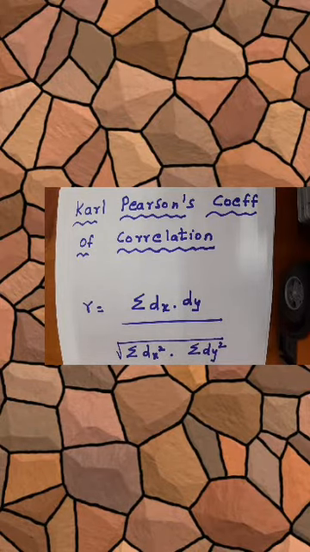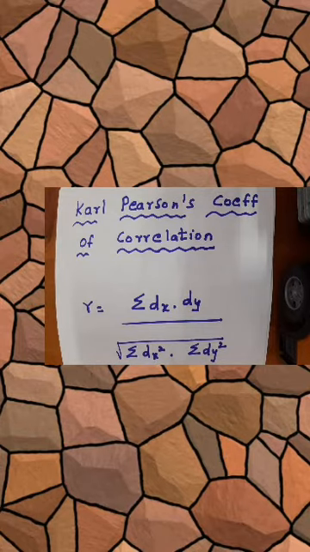This is the formula to calculate Karl Pearson's coefficient of correlation. It's very important for board exams, and if you're thorough with Karl Pearson's, definitely you have a chance to score 4 marks in section B.